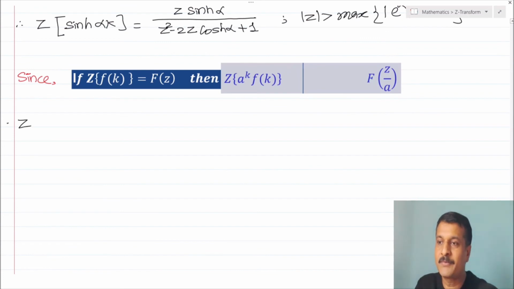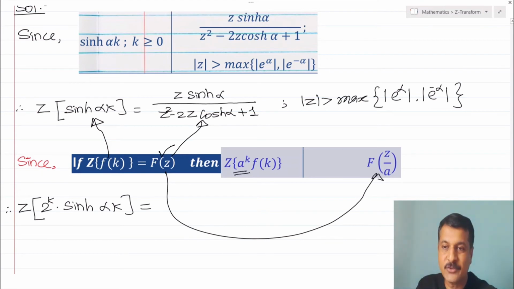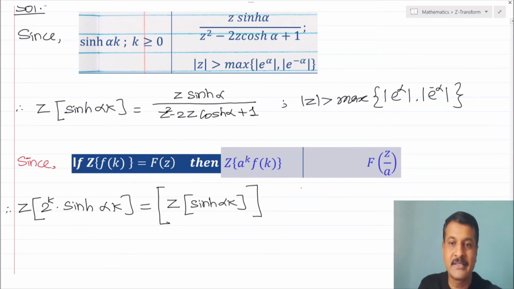Therefore, the Z transform of 2 raised to k into hyperbolic sine alpha k is what we want. You can see here, this is f of k and this is F of z. In this F of z, if we multiply a raised to k with f of k, I am getting every z replaced by z by a, which means here, for 2 raised to k, every z is replaced by z by 2. The same thing I can write as the Z transform of hyperbolic sine alpha k.